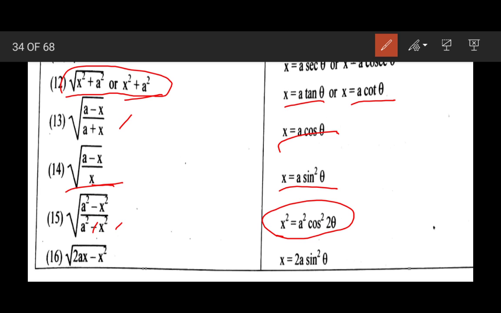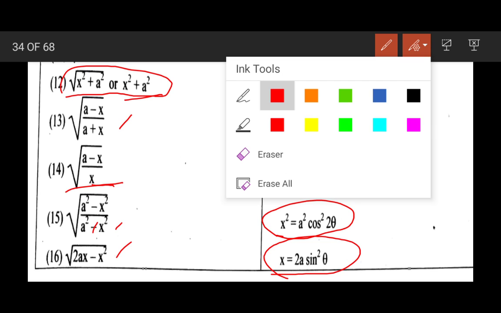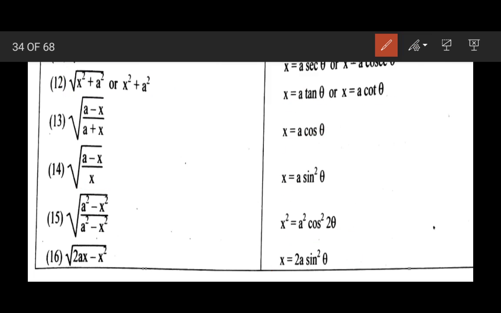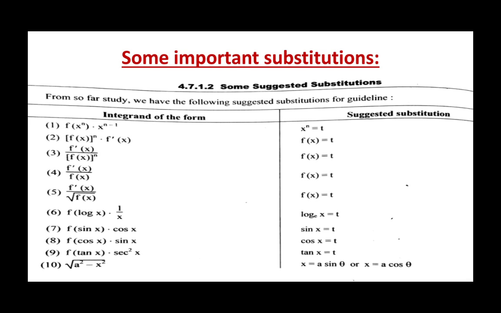And if the integrand is in the form of root of 2ax minus x square, then we substitute x as 2a sine square theta. So these are some suggested substitutions which you have to just revise. Then you can easily understand this.